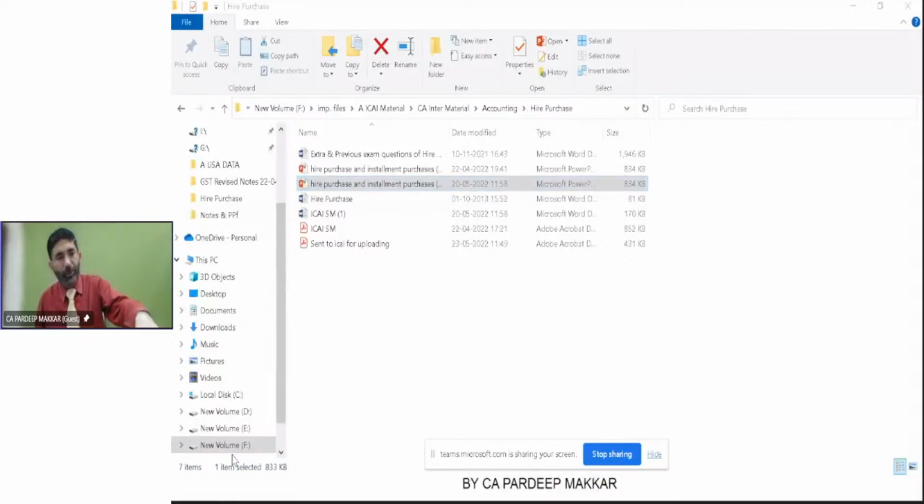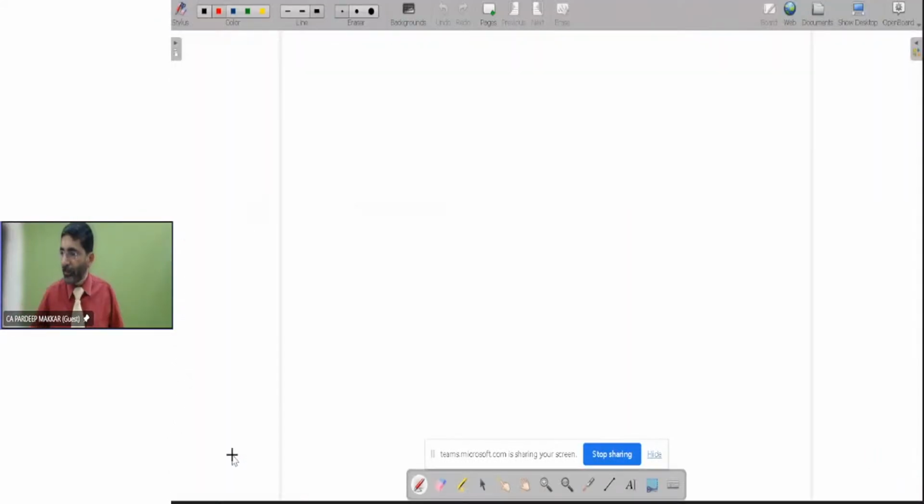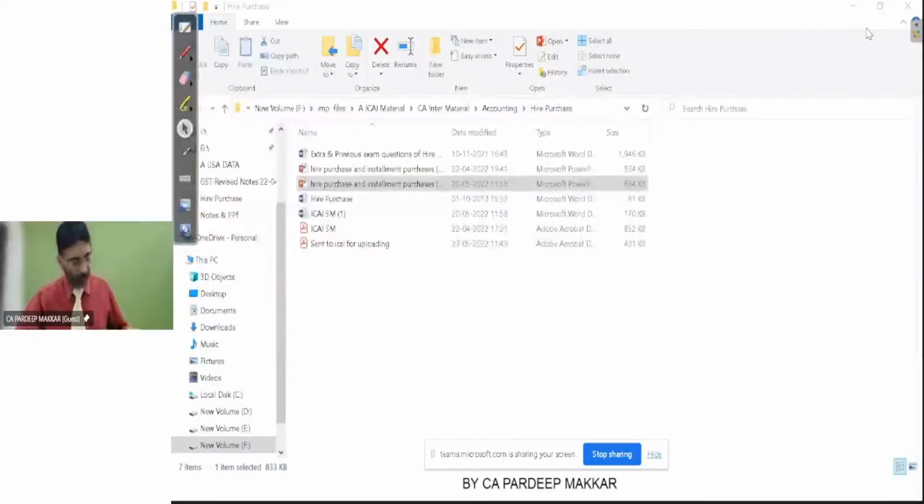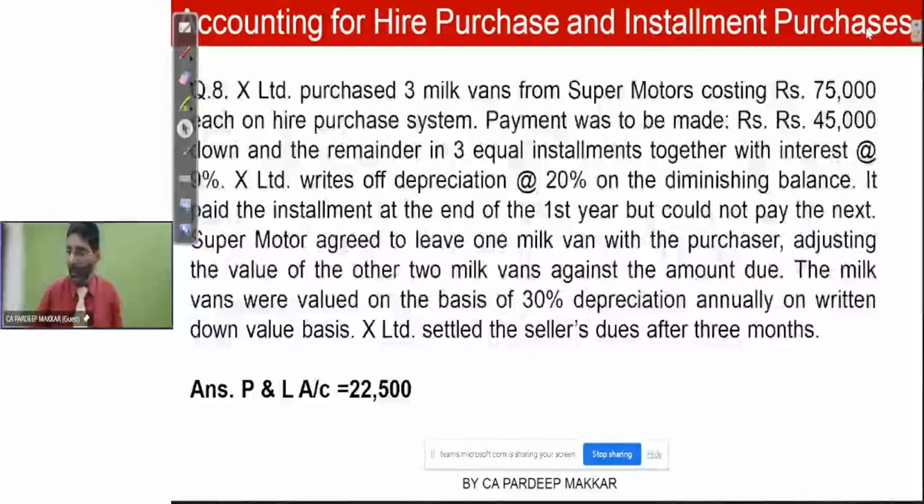Start doing it. Prepare the pro forma. In the books of purchaser, we have to do that. So the vendor's account and asset account both will be prepared. So this is a question. Do it fast. It's your duty to do it.